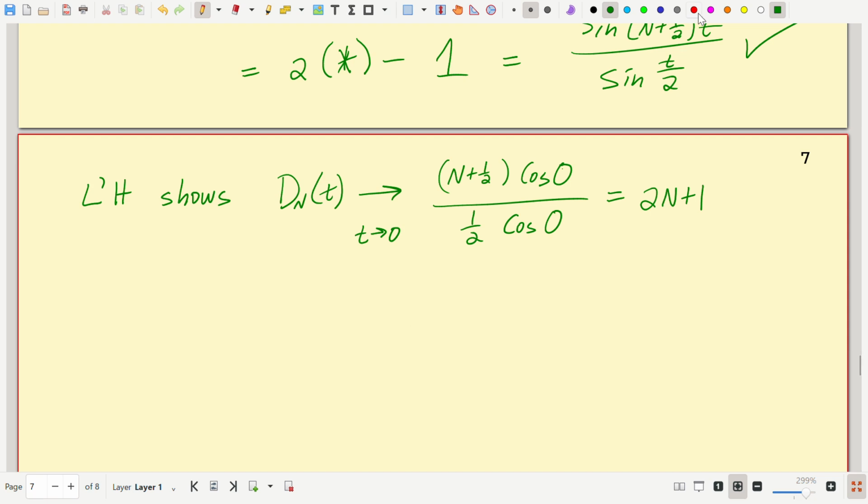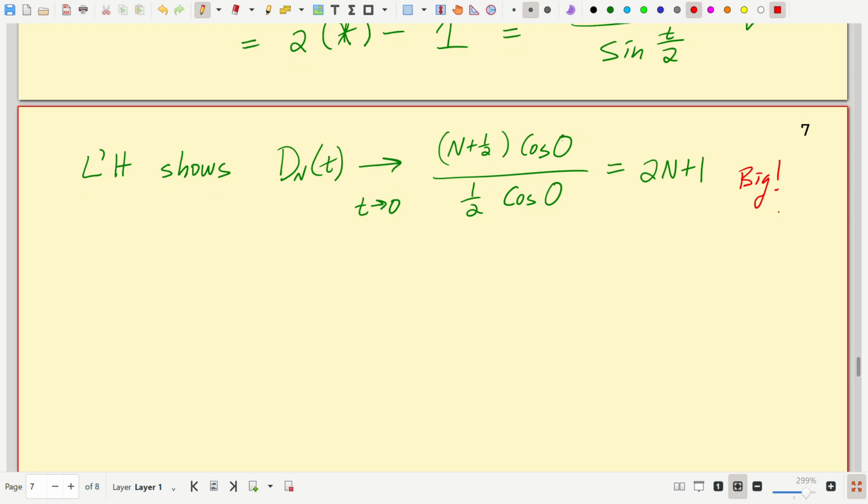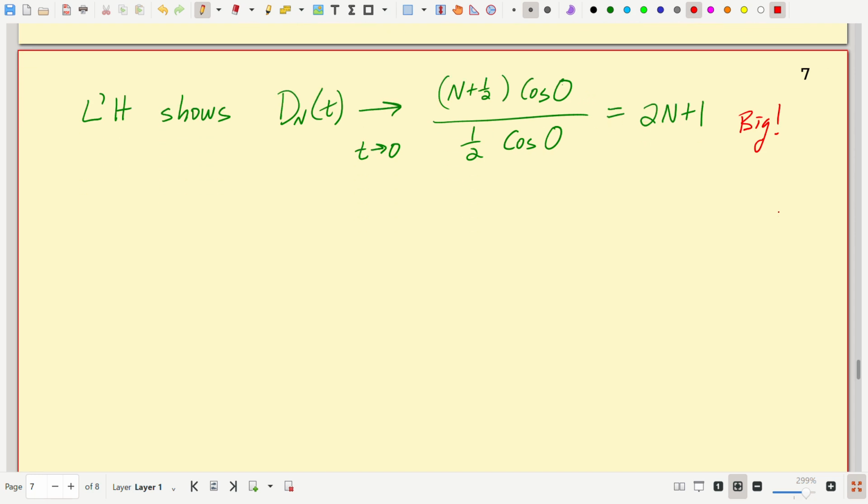But the important thing to note is that it is big, which means that Fourier series are going to be interesting to analyze because there's going to be something big happening at the origin. Let me graph it. It's a pretty graph to look at. I should have fired up Maple to get a really pretty graph, but let's see.